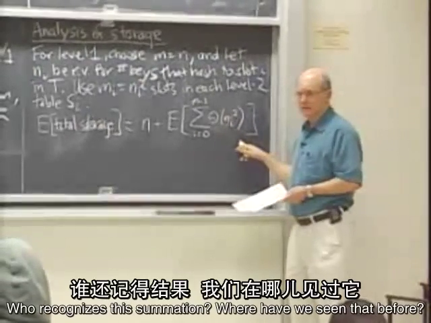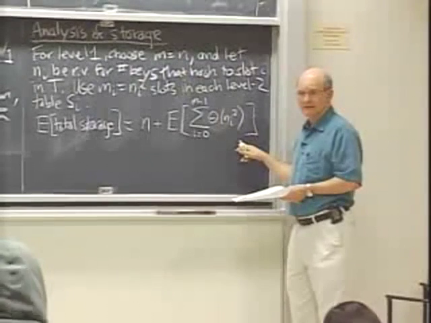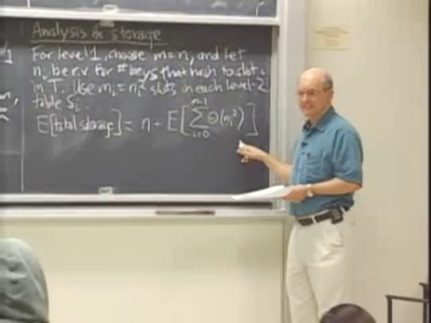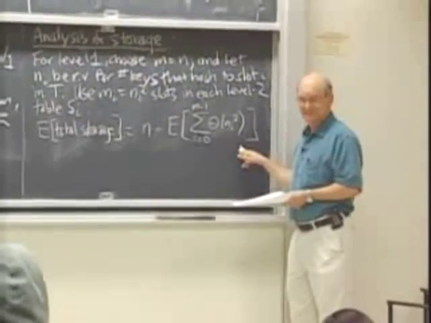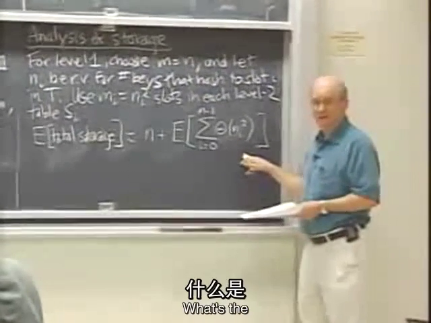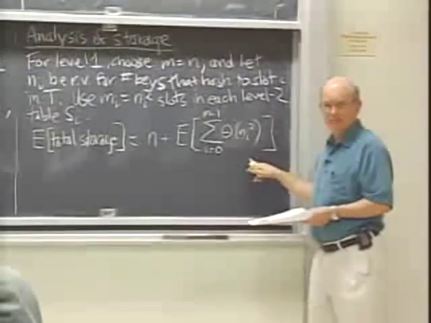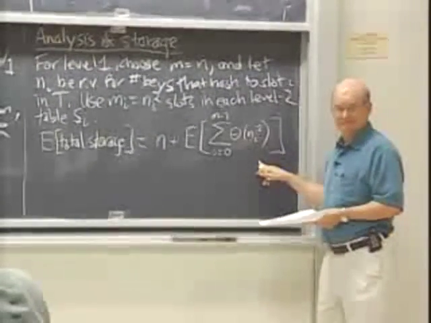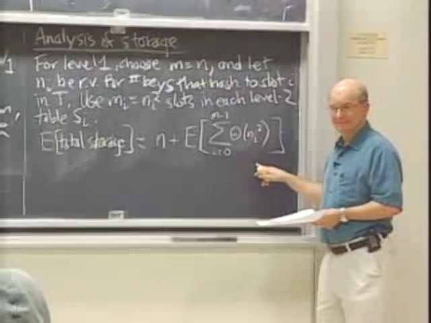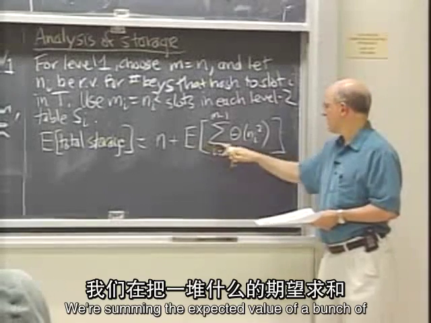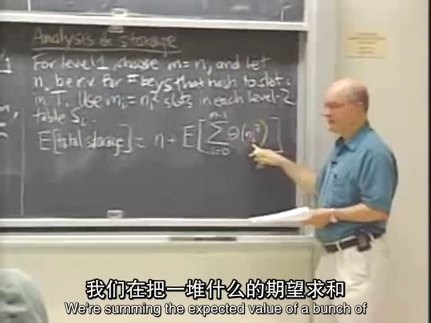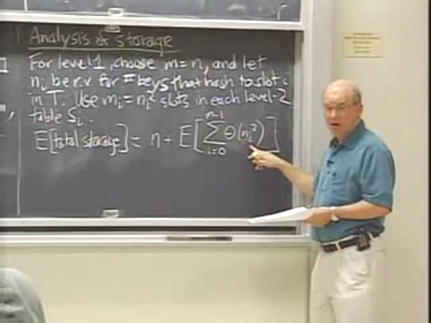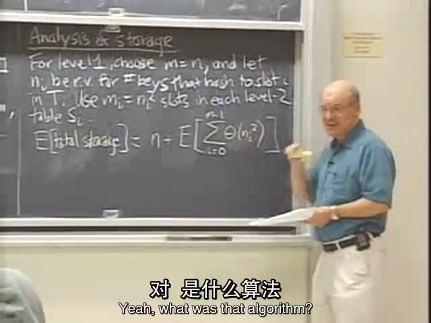Where have we seen that before? Who attends recitation? Where have we seen this before? We're summing the expected value of a bunch of... Oh, yeah, what was that algorithm?